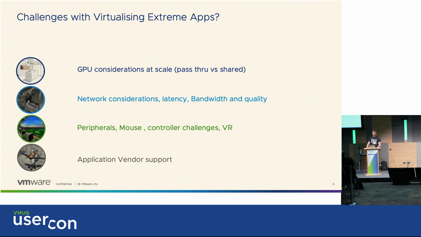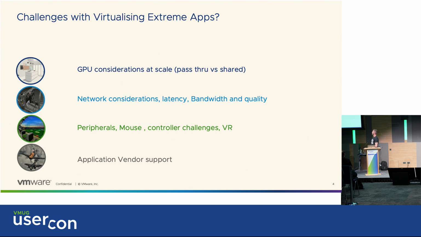Right, so what are the challenges? Already talked about a couple of them. GPU considerations at scale is a real thing. A 1B profile in an A16 card might sound really interesting for most use cases, and it is, but when talking about frame buffer and the number of cores you get assigned to a workload, it will heavily differ.